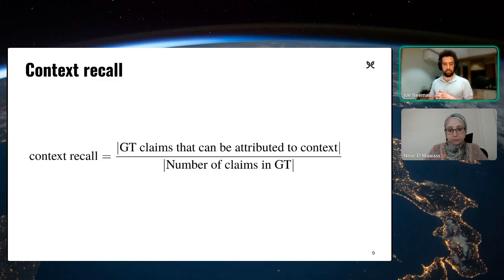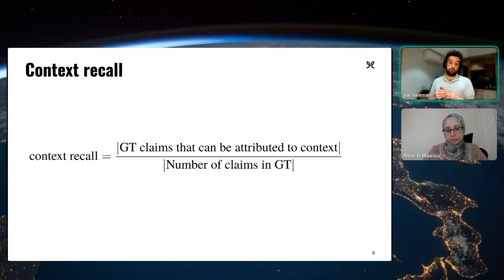Now, unfortunately, in RAG and generative AI, it's a little bit more complicated. Let me just look at this definition. So the way we define context recall specifically, and context precision is very similar, is we look at the number of claims in a ground truth answer. So we take a ground truth answer and we say, okay, this ground truth answer is representing certain facts as true.